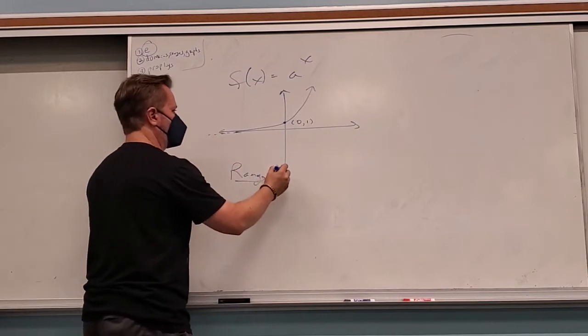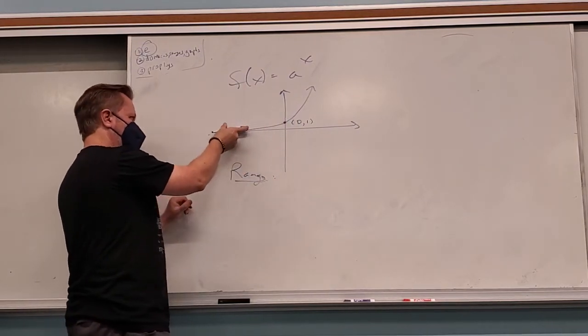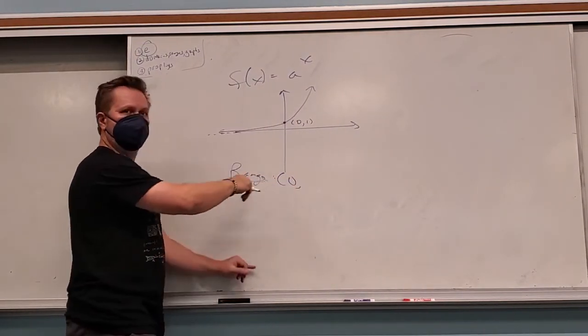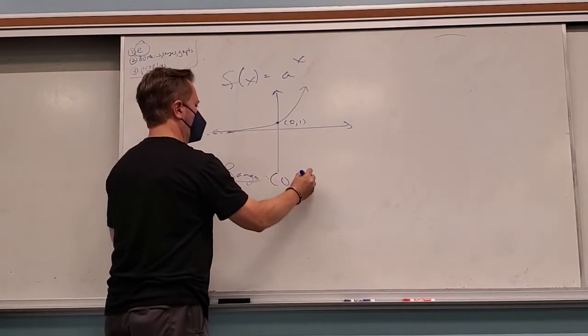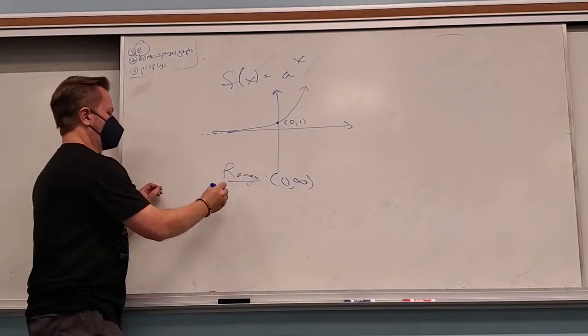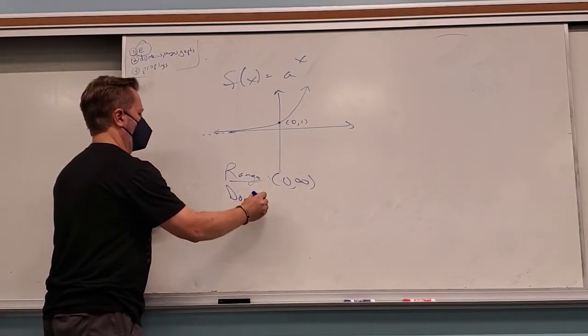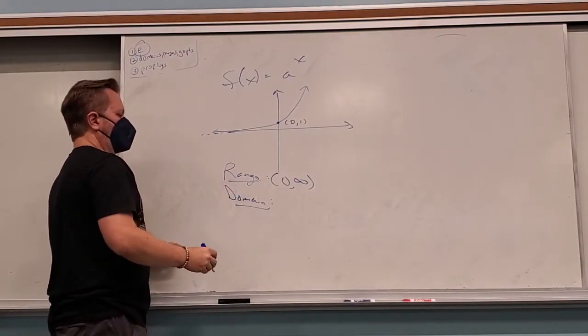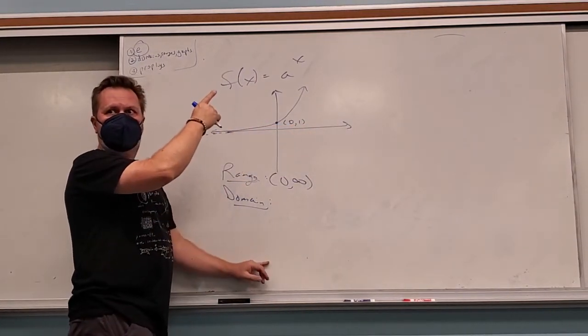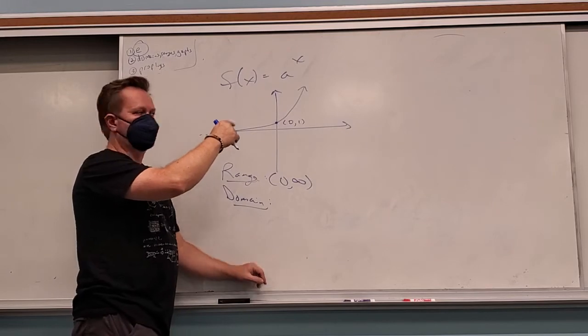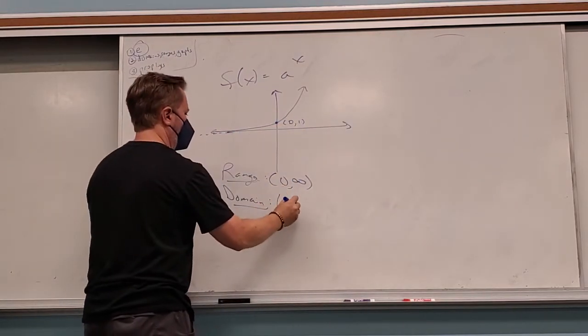So what's the lowest thing I can almost get? 0, but I can't get 0, right? And what's the highest thing I can get? Infinity. Okay, so there's the range. And what's the domain? Yeah, all real numbers. I can plug any number in there that I want to. It goes forever. So that's negative infinity to infinity.